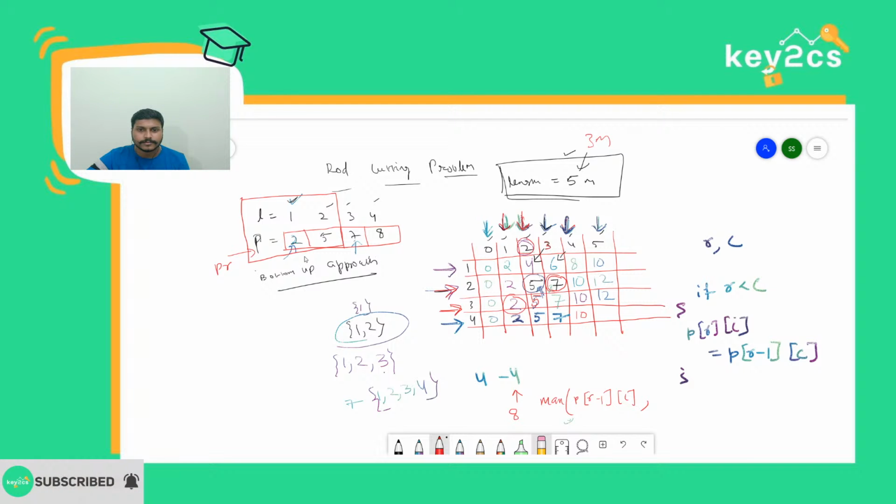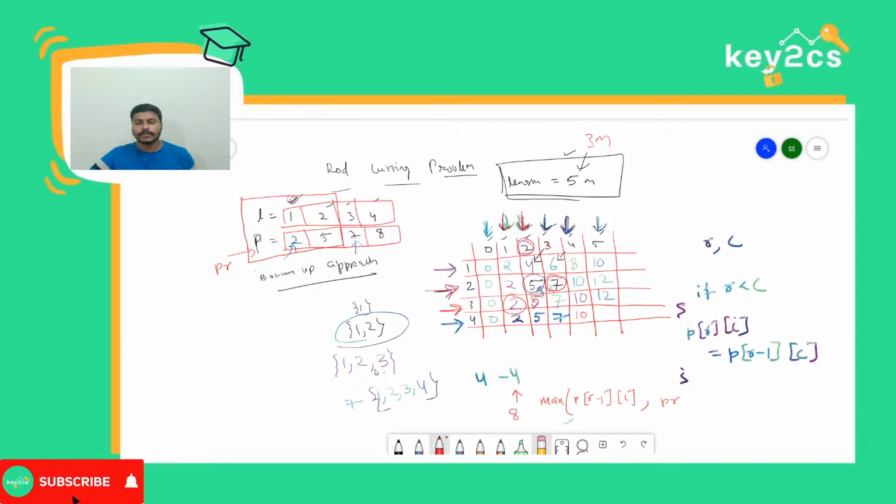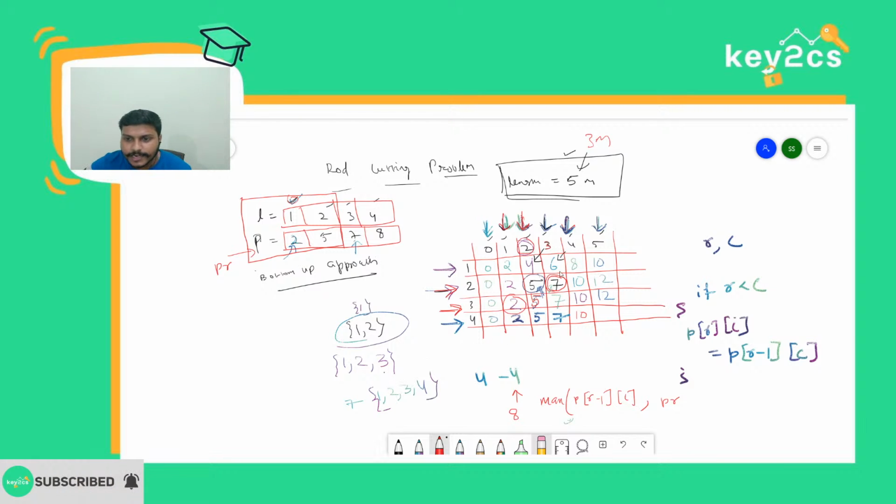Got it? And this is the length. What are we checking here? The total length we require, that is L.